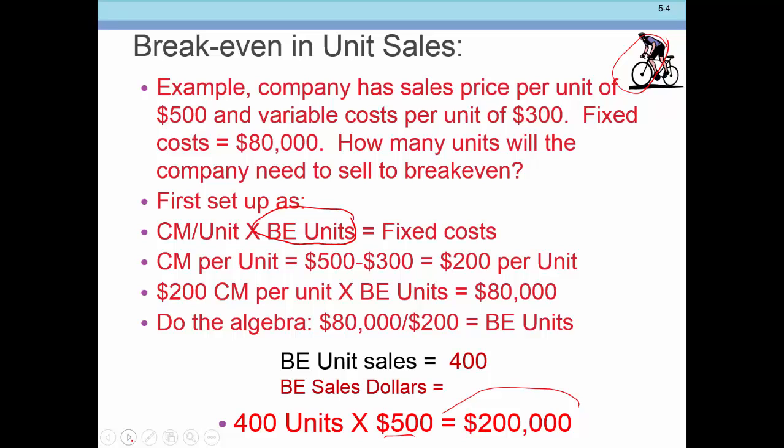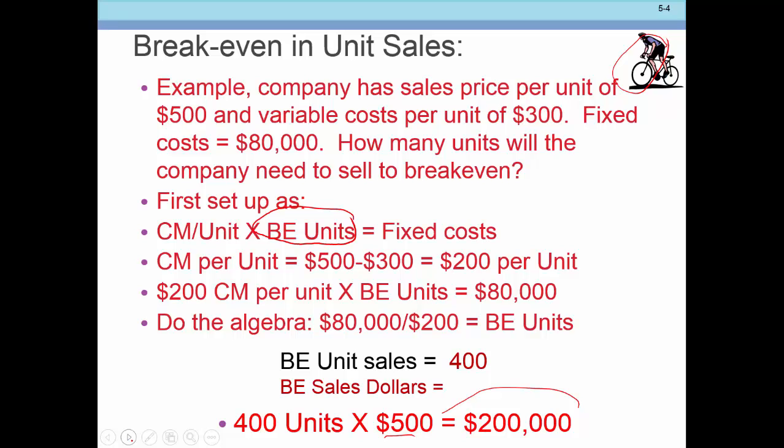Contribution margin per unit, $500 sales price minus the $300 variable cost gives me a contribution margin per unit of $200, right? I go ahead and set that up. $200 that are left to cover my fixed cost after I've made my bike, so I have a bike to sell, times the break-even units, got to equal fixed cost, right?